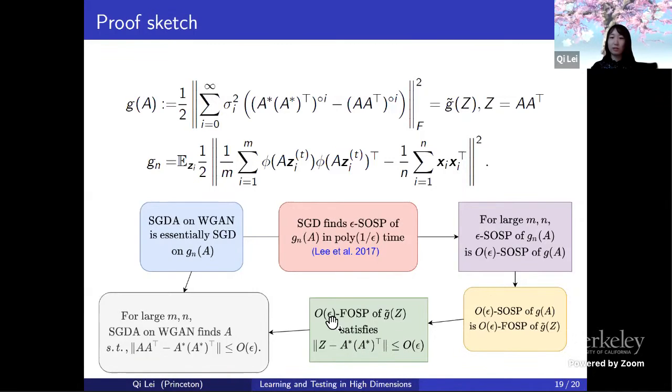So an order epsilon first order stationary point satisfies that Z minus A star transpose is also of order epsilon error. Therefore, for large M and N, altogether we have stochastic gradient descent ascent on WGAN with quadratic discriminator function will find A such that it's not too far from the target A star transpose.